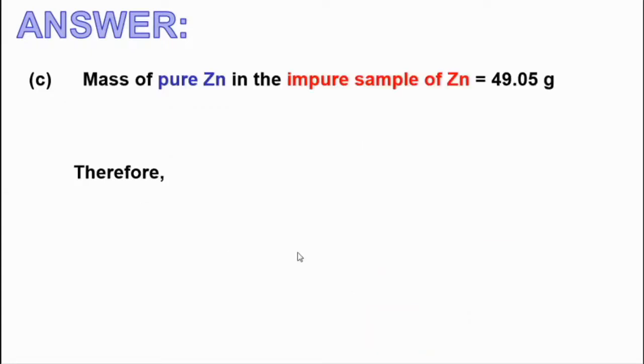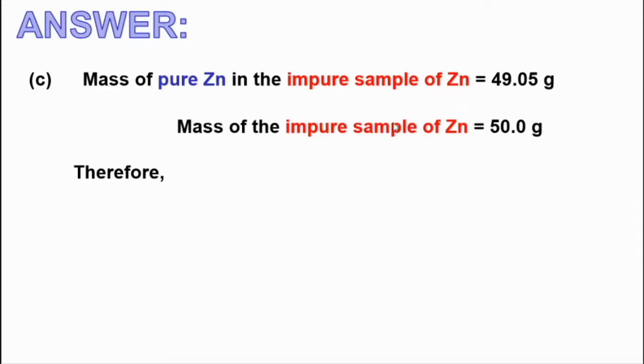Since we want to determine the purity of zinc in the sample, this is the mass of pure zinc in the impure sample of zinc that we have just calculated. And given in the question, the mass of the impure sample of zinc is 50 grams.